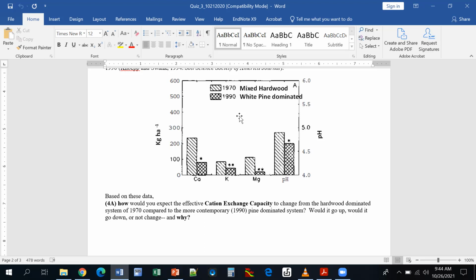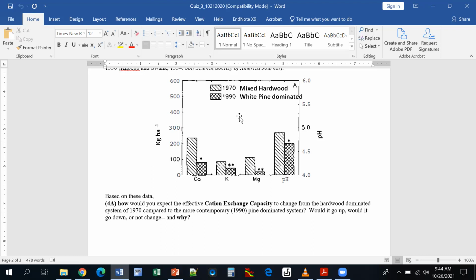So the release of the white pine actually almost doubled the productivity of the stand. So it was a younger, more rapidly aggrading forest. And also the white pine litter is a lot different than the deciduous hardwood litter was. So we actually started to develop a deeper organic layer. And in the surface soils, the CEC actually went up.